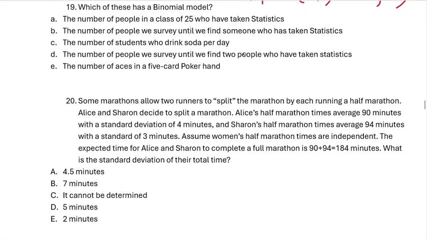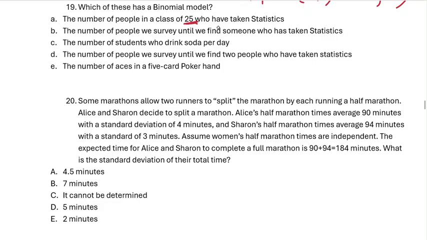Which of these has a binomial model? Binomial, remember, there's some characteristics. There's 2 options, success or failure. 2, the trials are repeated and independent, and the probability remains the same for each trial. So the number of people in a class of 25 who have taken statistics, so we would have a number of trials right there.